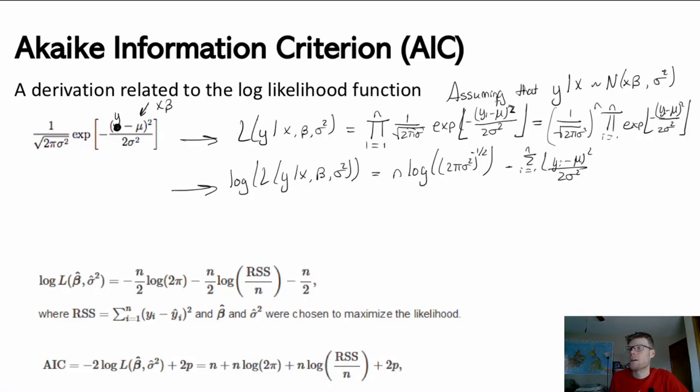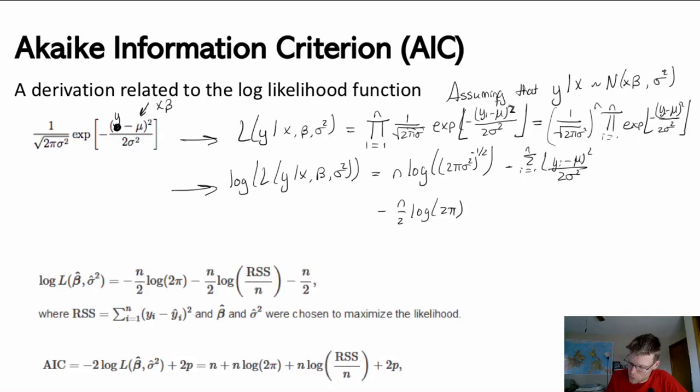Okay, so we're still not quite to this right here. We still have a little bit of deriving that we can do. The first is that we can further simplify this first term, and we can make this minus n over 2 times the log of 2 pi, by taking this negative 1 over 2 term out. And then I can pull out the sigma squared term as well and just add it along. So the log of 2 pi sigma squared is just the log of 2 pi plus the log of sigma squared.